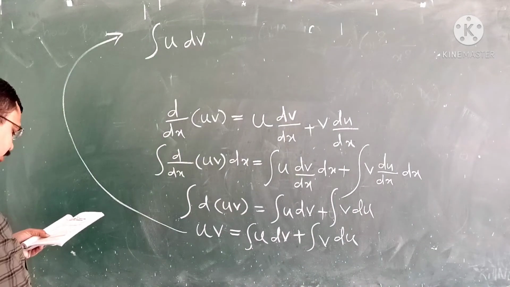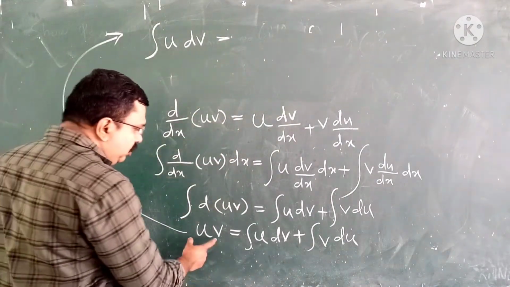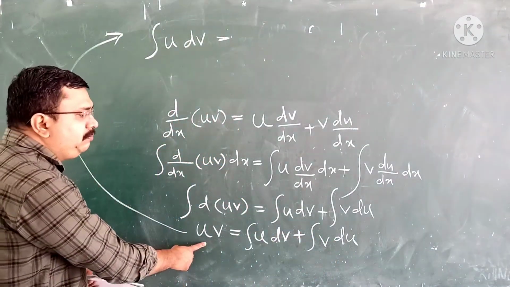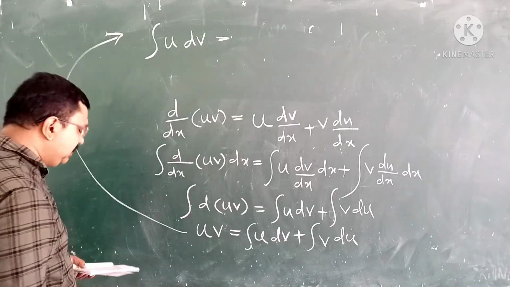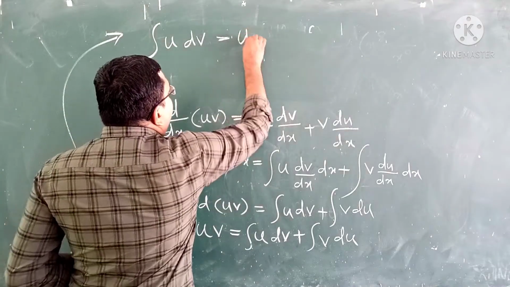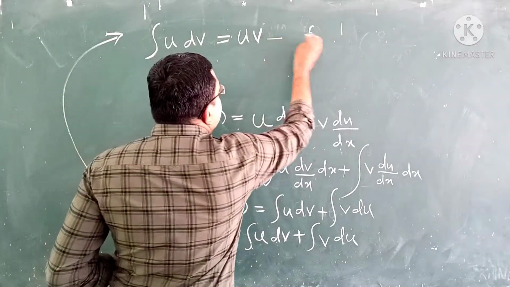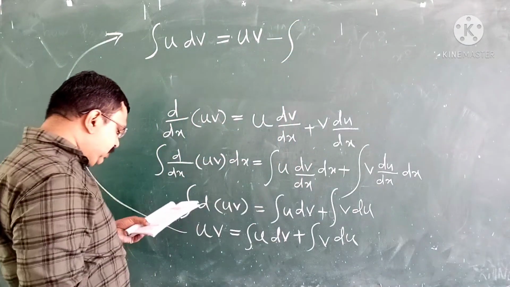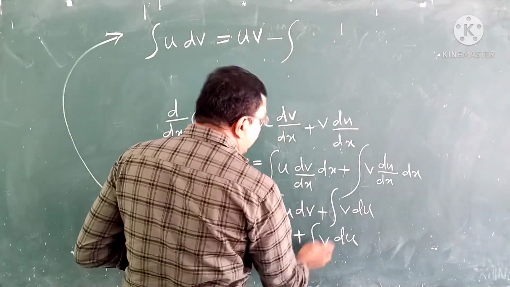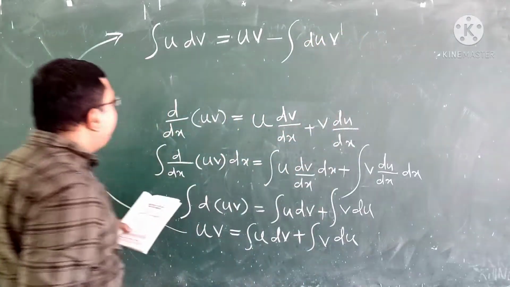Integral of u dv is equal to uv minus integral of v du, as this integral of v du is shifting to the other side.